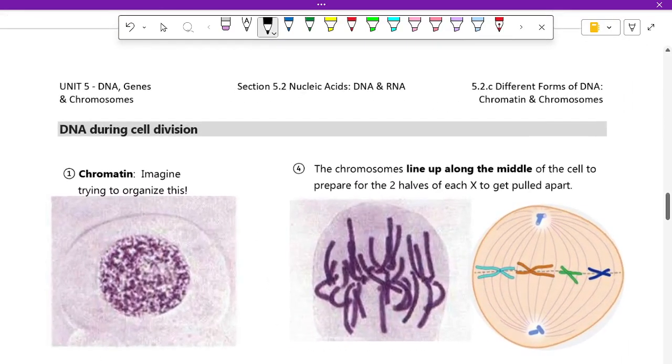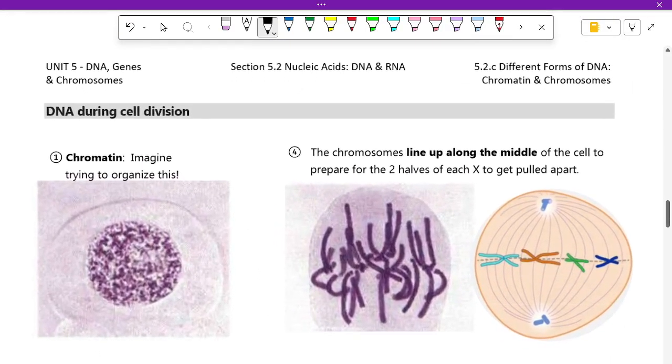Okay. All right. Here's DNA during cell division. This whole process here is called mitosis.